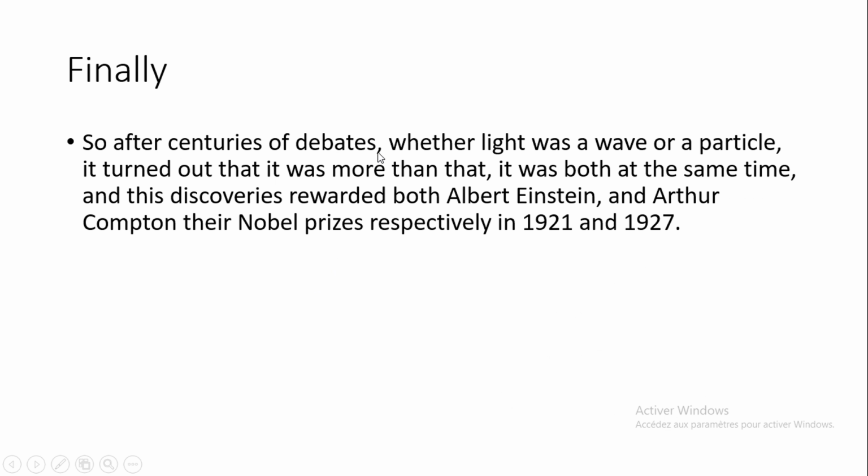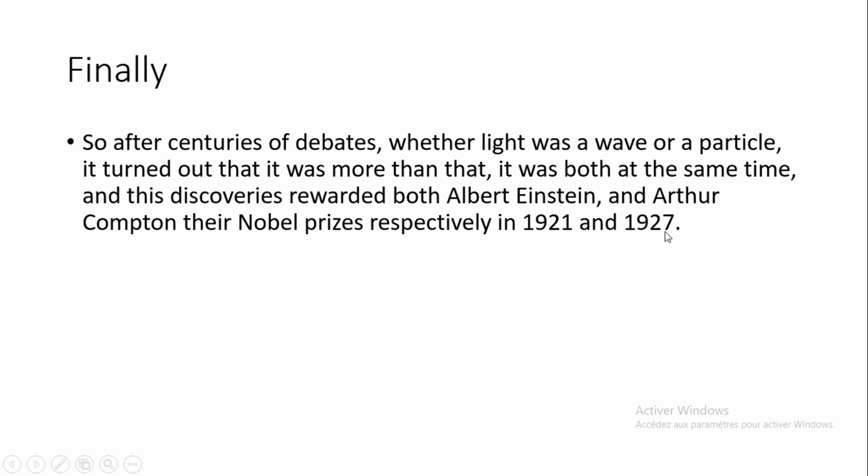So after centuries of debates whether light was a wave or a particle, it turned out that it was more than that. It was both at the same time. And this discovery rewarded both Albert Einstein and Arthur Compton their Nobel Prizes, respectively, in 1921 and 1927.